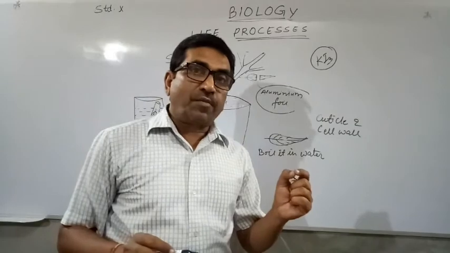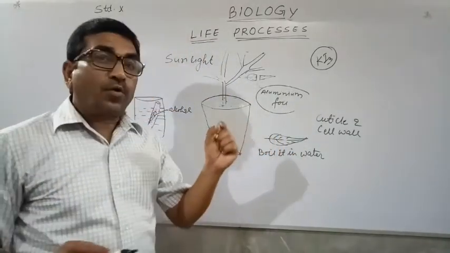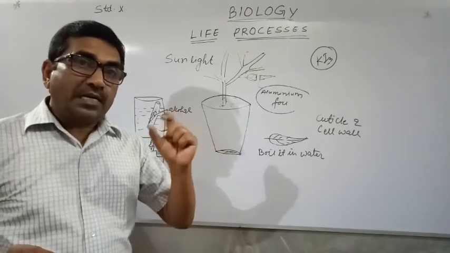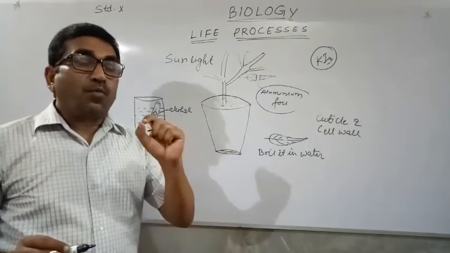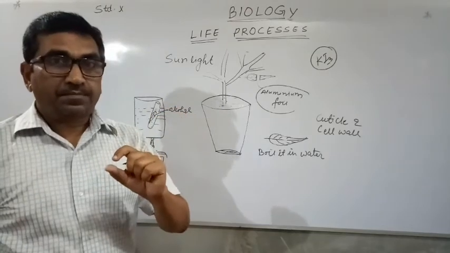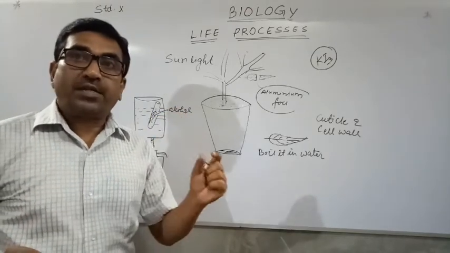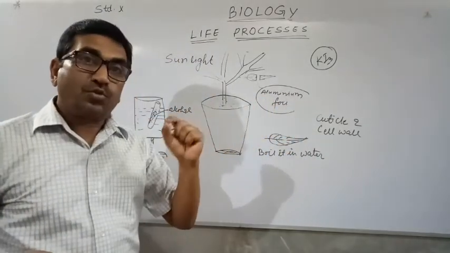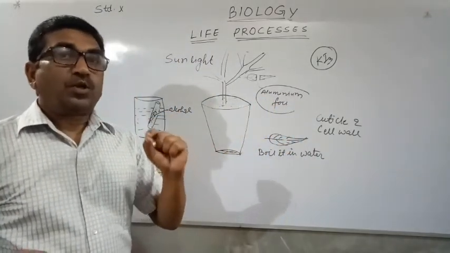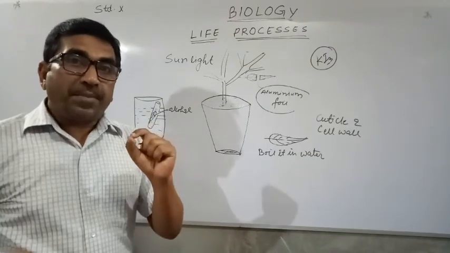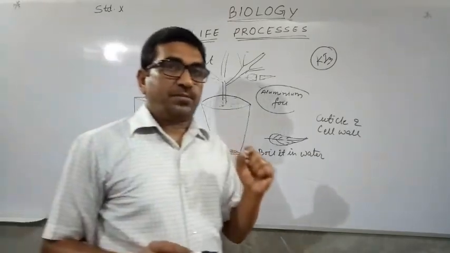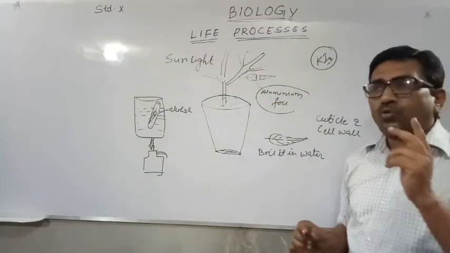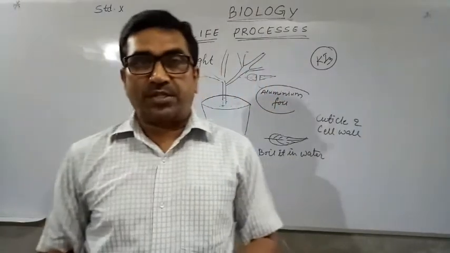To make it soluble, we add potassium iodide, so a mixture is prepared. It is potassium triiodide solution. This triiodide solution is used to detect the presence of starch. Then what happens? In starch there are two types of molecules present.